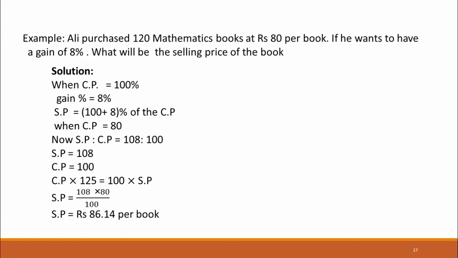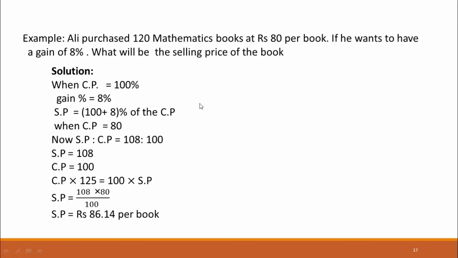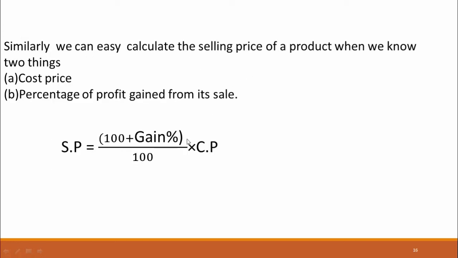per book. So similarly, we can easily calculate the selling price of the product when we know the cost price and percentage of the profit gained from its sale, as I have already told you. And this is the example for this formula.